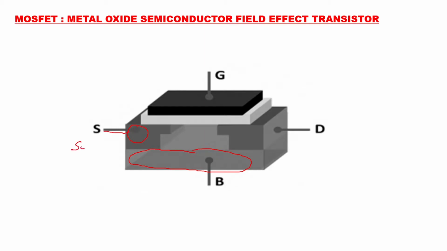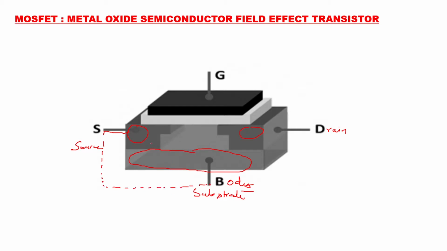Here also, opposite to the body type of semiconductor, this will be taken as drain. And this body is your substrate. It can be called substrate, or it can also be called body. This body will be internally connected to the source.